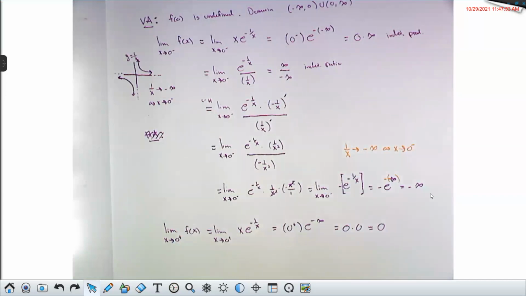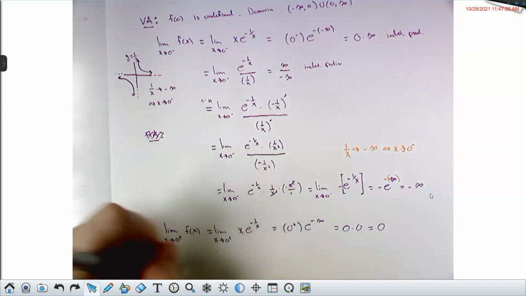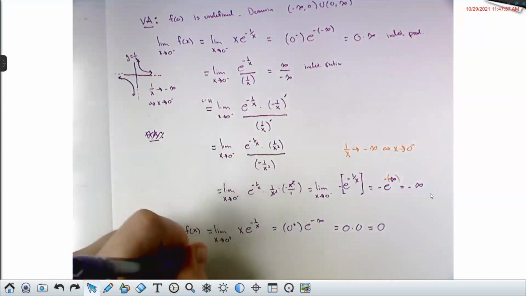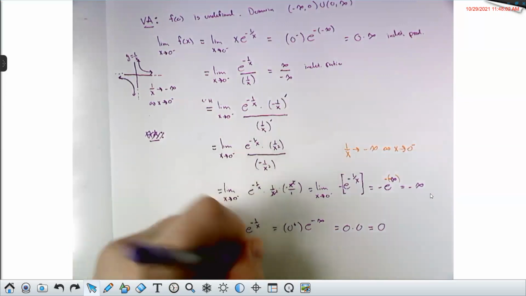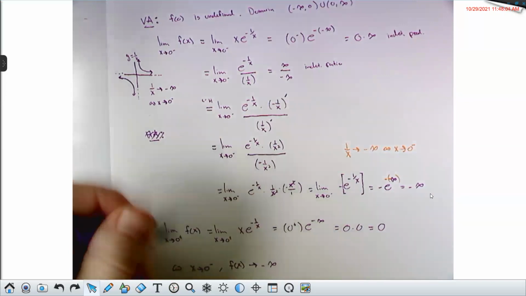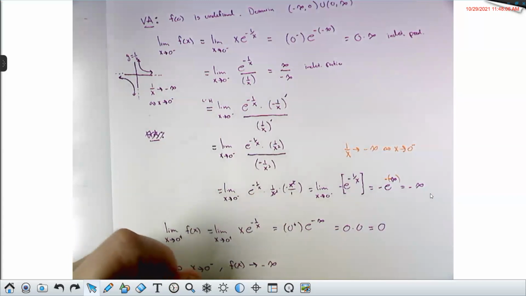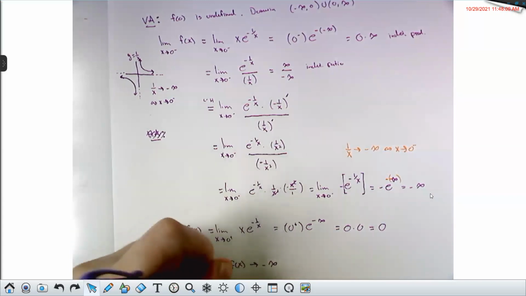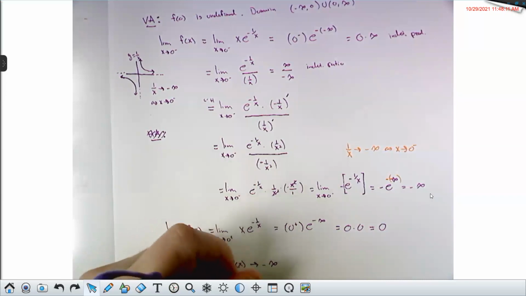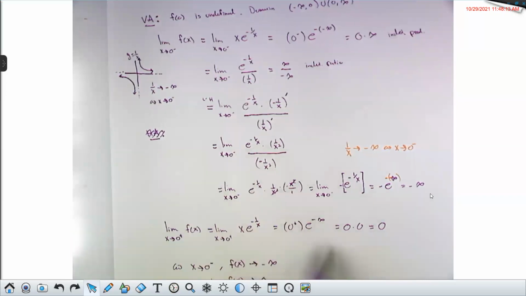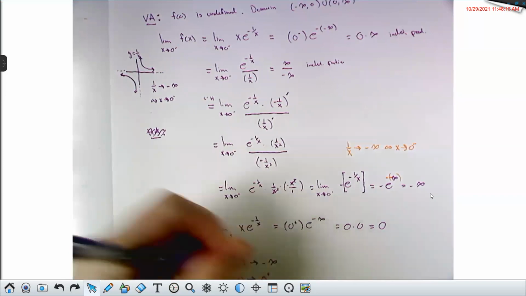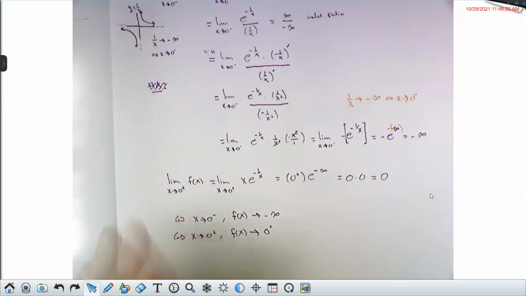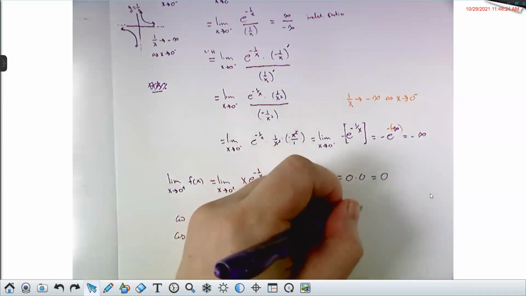So in other words, as x goes to 0 from the left, f of x goes to negative infinity. And as x goes to 0 from the right, f of x goes to 0. And it's 0 plus, right? This is always positive.